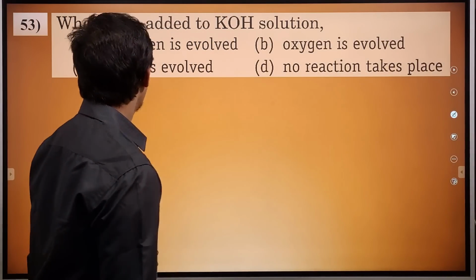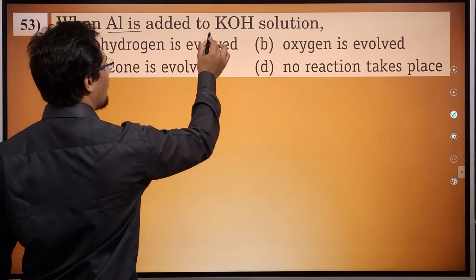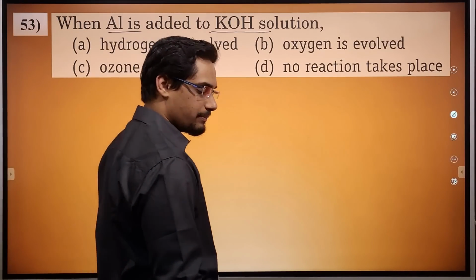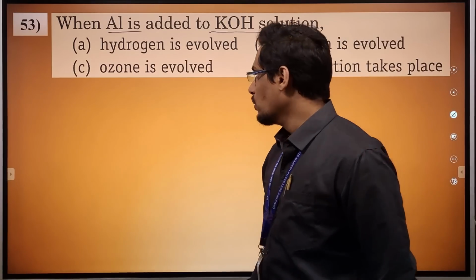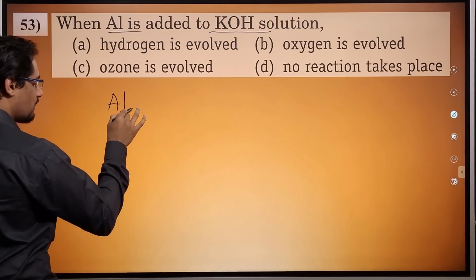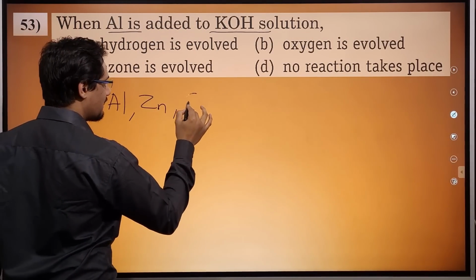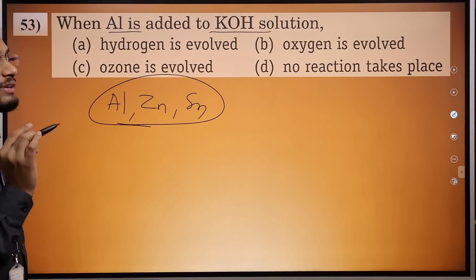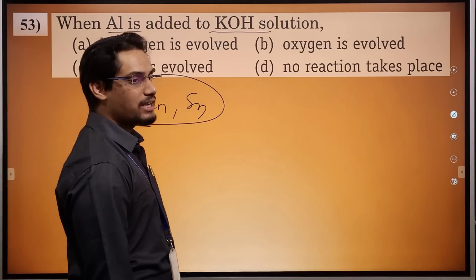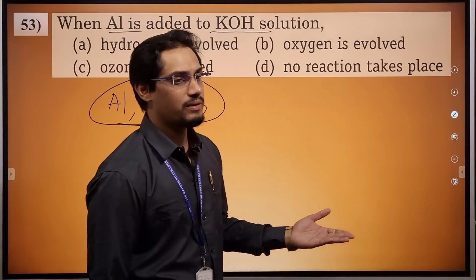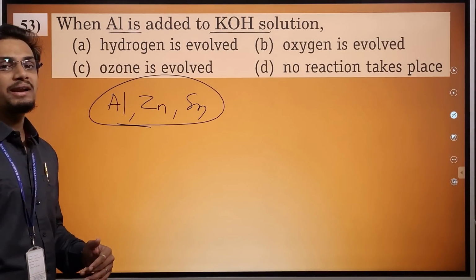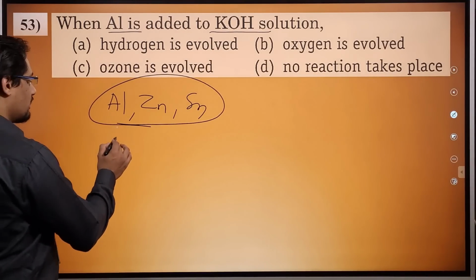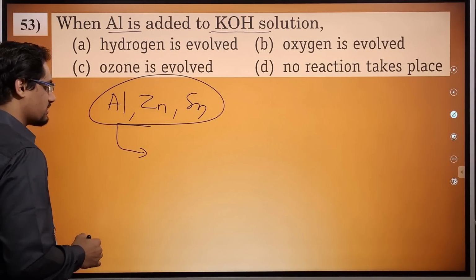Next question. When aluminium is added to KOH solution, what happens? As we know, aluminium, zinc and tin are amphoteric metals. They react both with acids as well as bases to liberate hydrogen. Aluminium, just now we have seen a reaction.